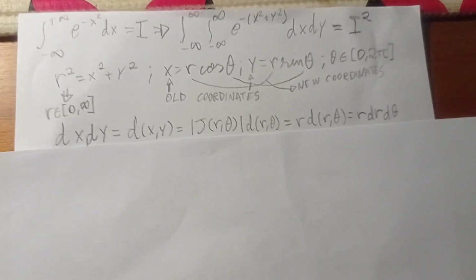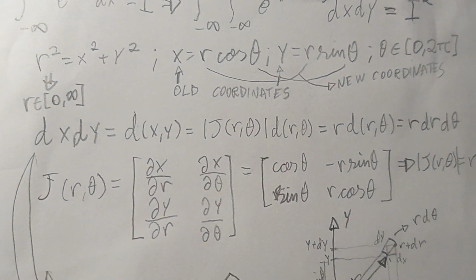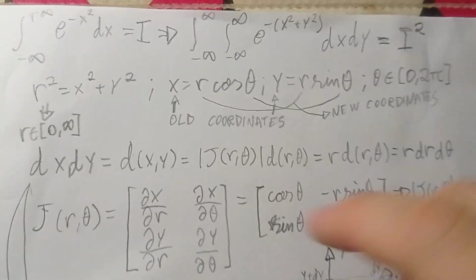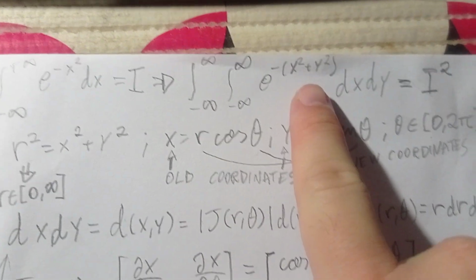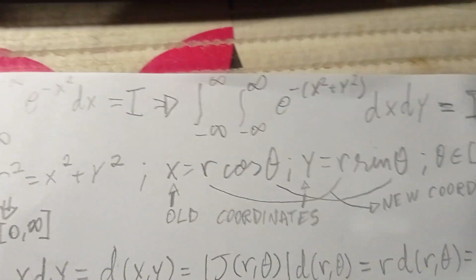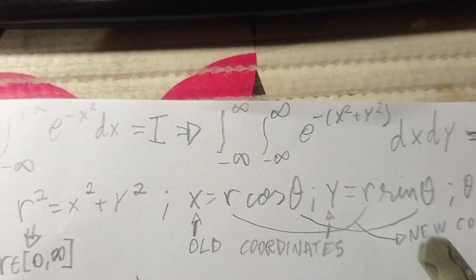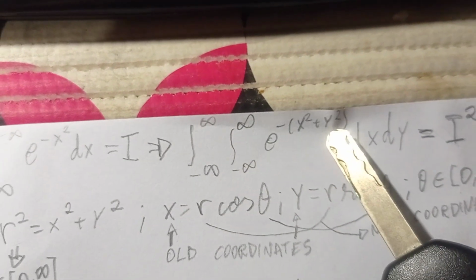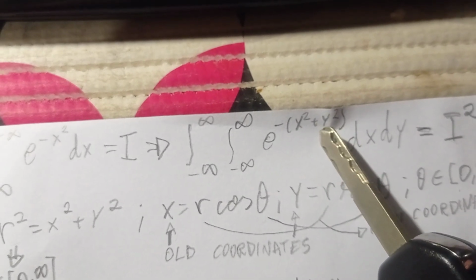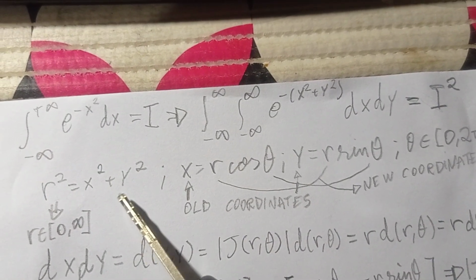So let's do a bunch of stuff now. Okay, let's go to polar coordinates. This I squared, the integral that we want to square, suggests that we should use a distance in our coordinate transformation, and this distance is gonna be r squared, which is x squared plus y squared.